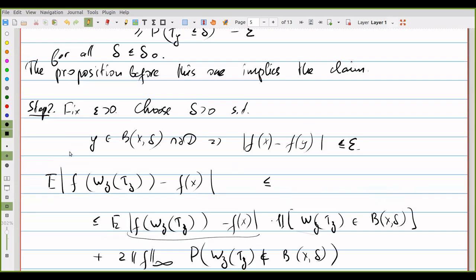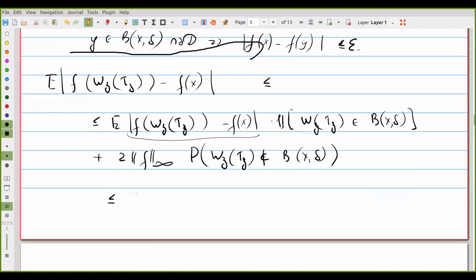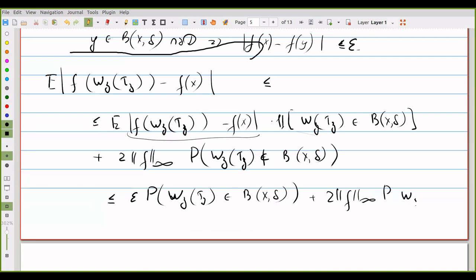Now, by this, it's less than epsilon probability that W at tau_z belongs to this, plus the probability that this doesn't happen.